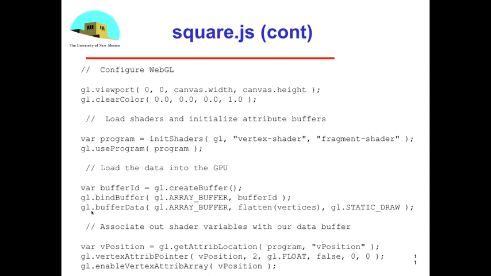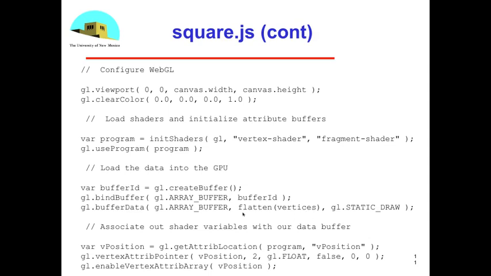So I send data out to an array buffer. That's the type of buffer. I have the present buffer, the one I just created up here. And I want to send out the vertices. Now, because the vertices are not a simple array of values as they would be in C++, that's a problem for OpenGL or WebGL.